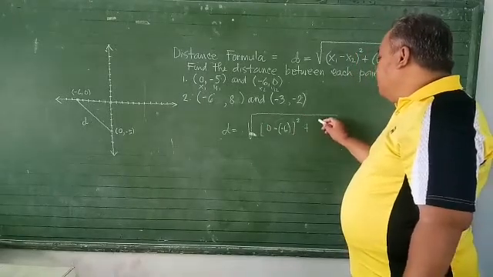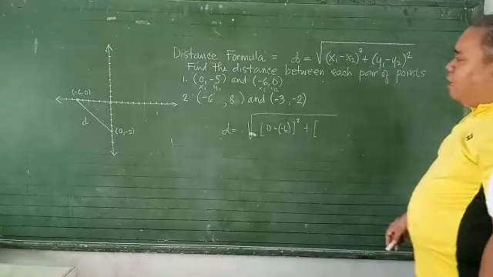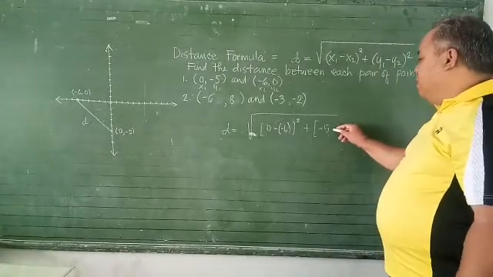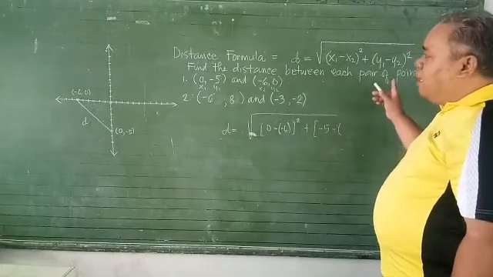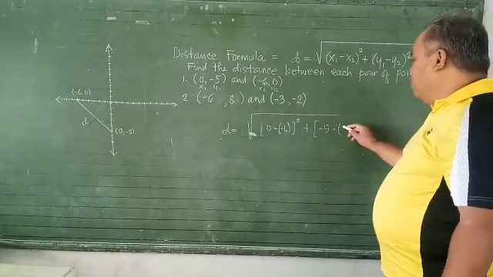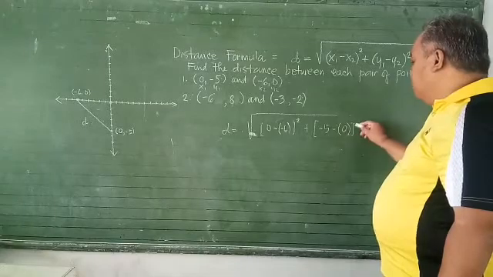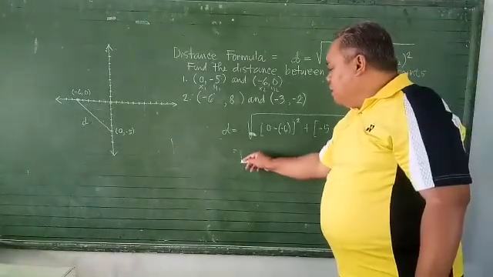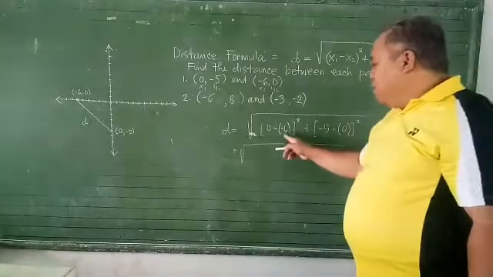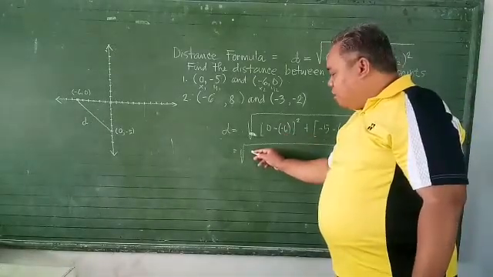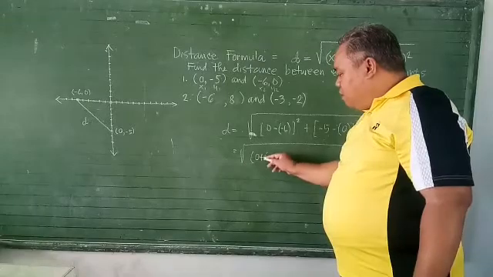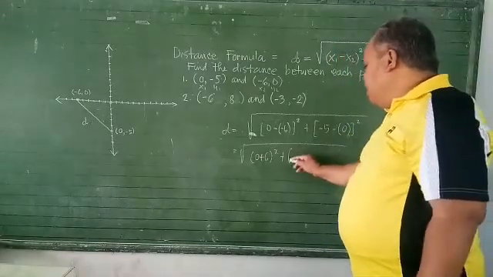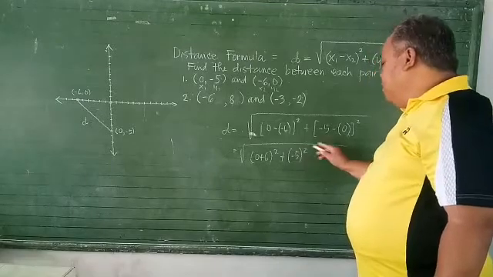Then plus y sub 1, which is negative 5, minus y sub 2, which is 0, then squared. Since this is a negative, it becomes positive, so this becomes the quantity 0 plus 6 squared, then plus negative 5 squared.